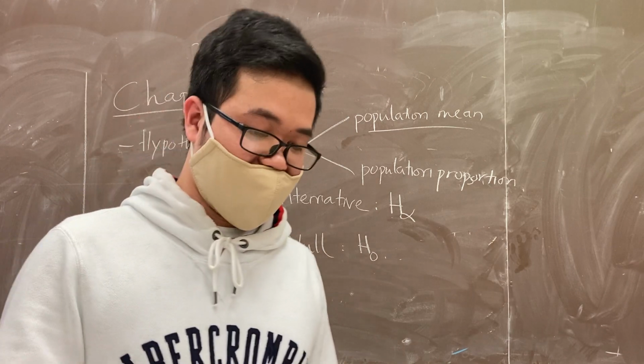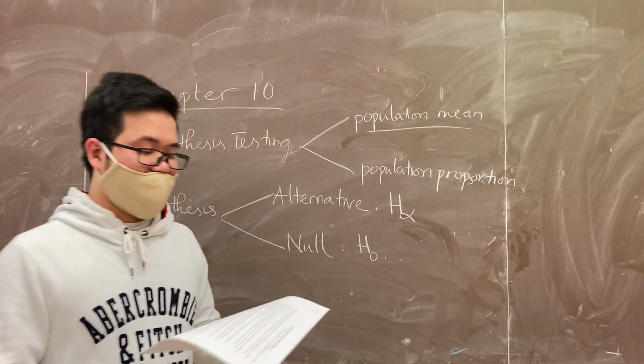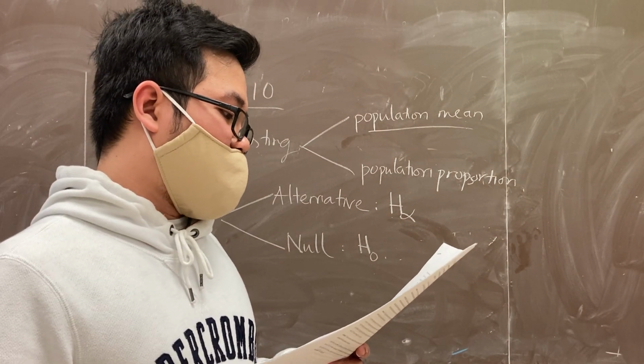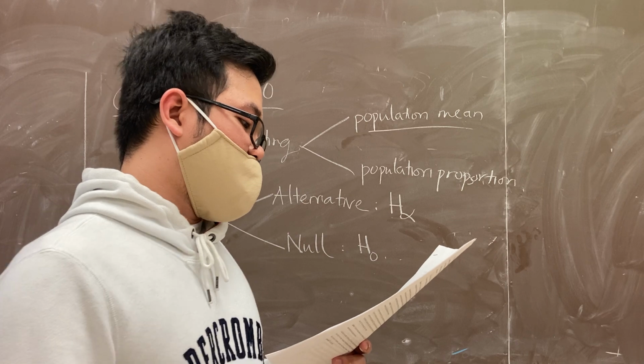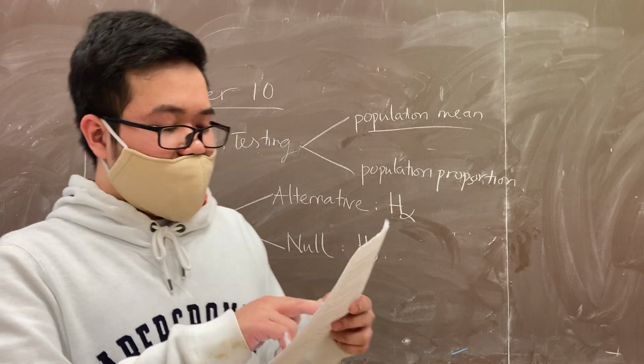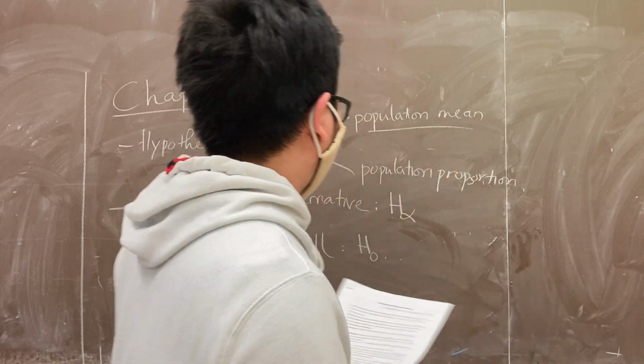The alternative hypothesis is a mathematical statement that describes the population parameter. We have two things about it. The first is that this is a mathematical statement.